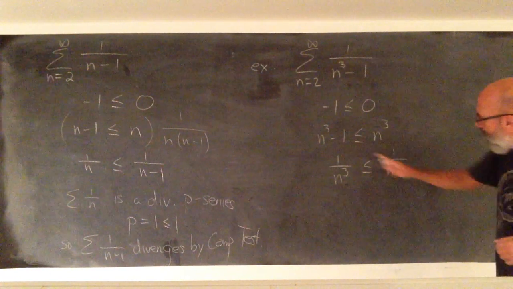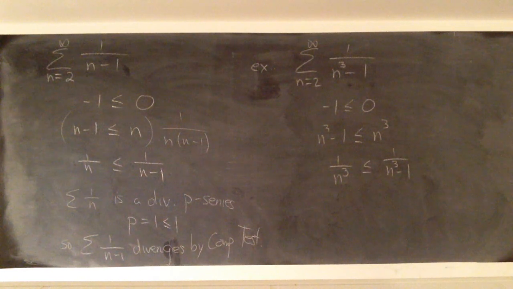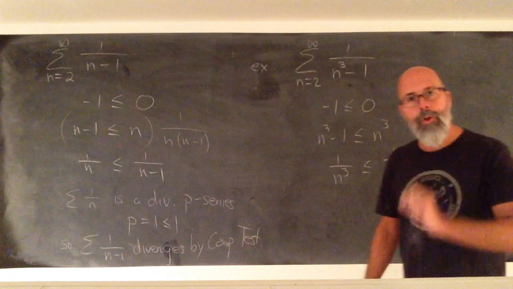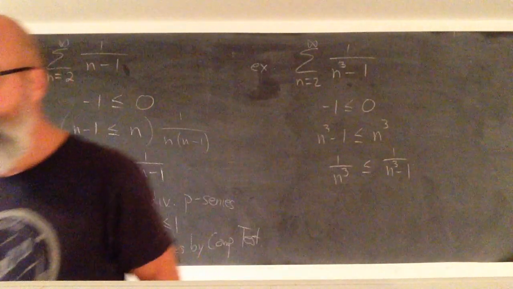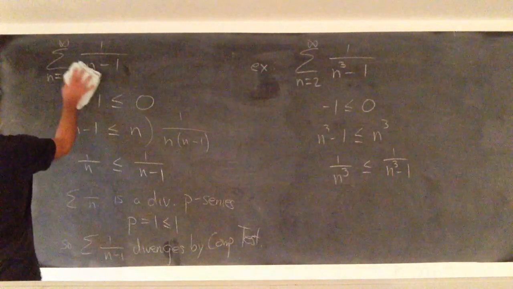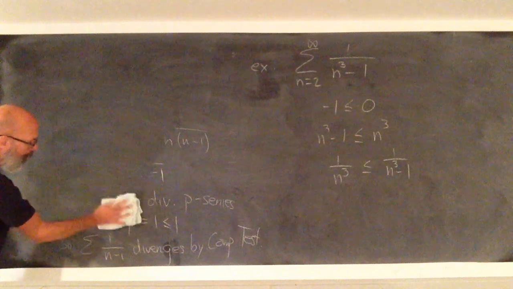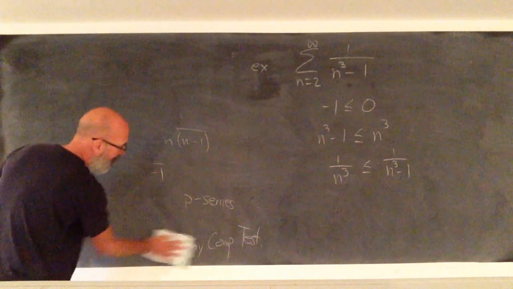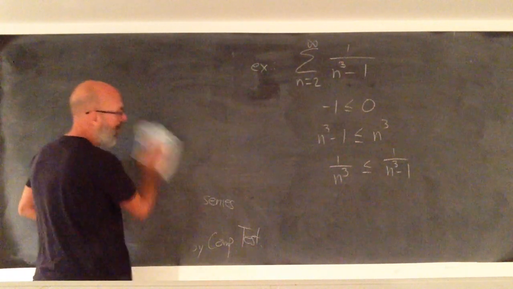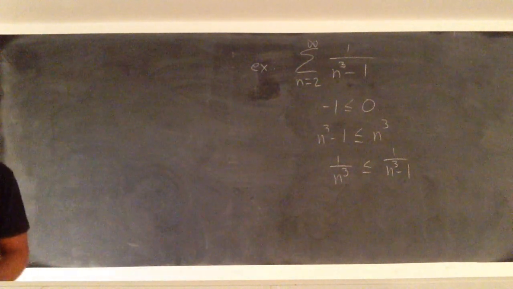We would like this to be on the left of a convergent series. So here, it's more difficult. And that illustrates the issue of the comparison test. In the comparison test, you have to establish an inequality. And it isn't always that easy.